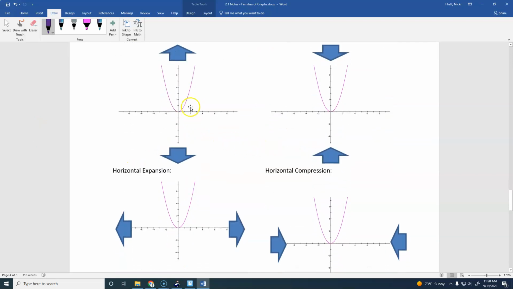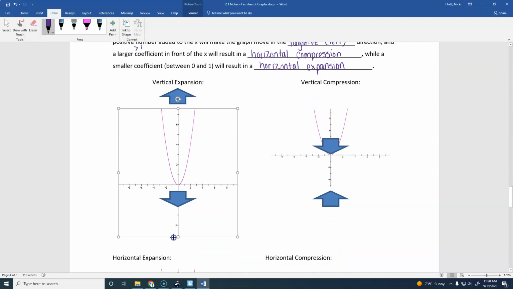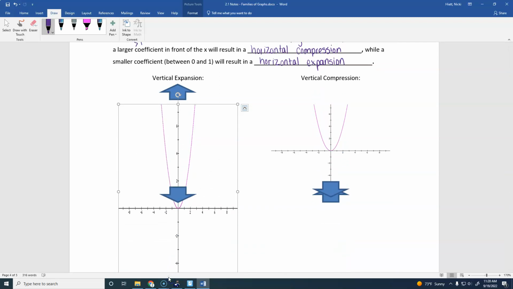I've got a couple here, and I did this in Word specifically because I wanted to be able to show you what happens. If you have a vertical expansion, it is like you take this picture here and you grab the y-axis and you stretch it out. It makes the graph look taller and also skinnier, right?